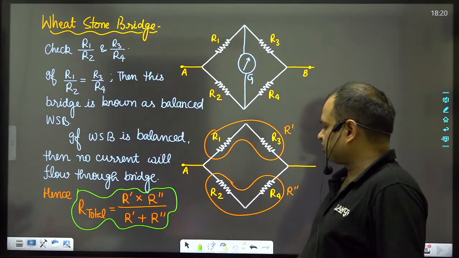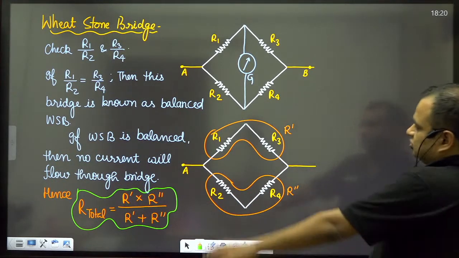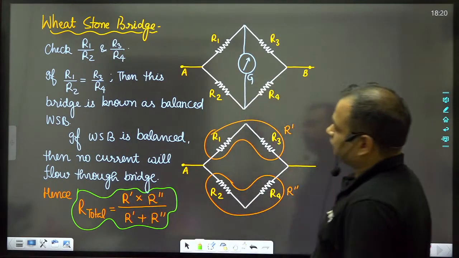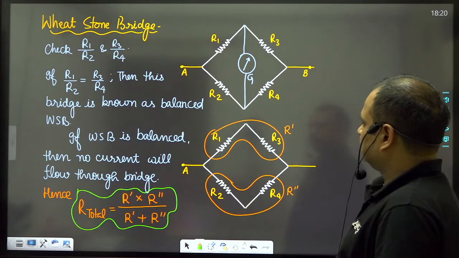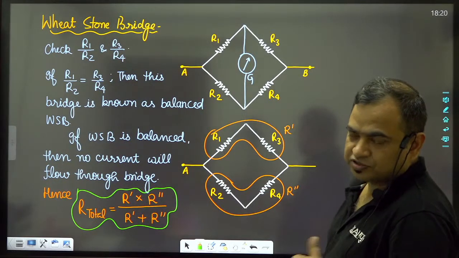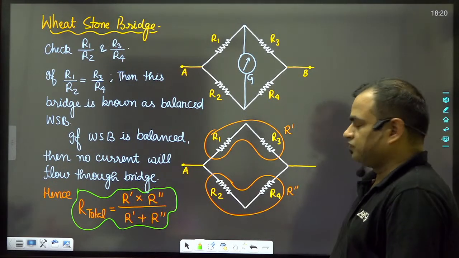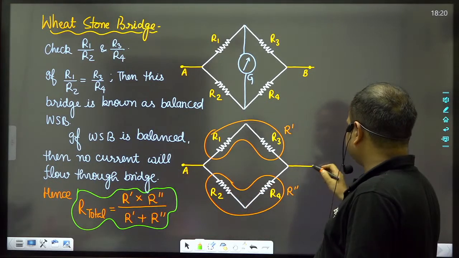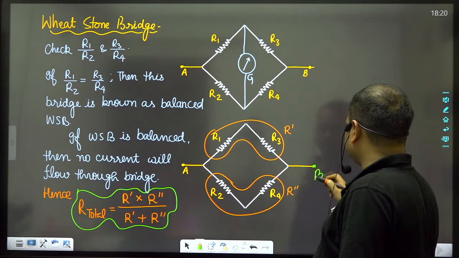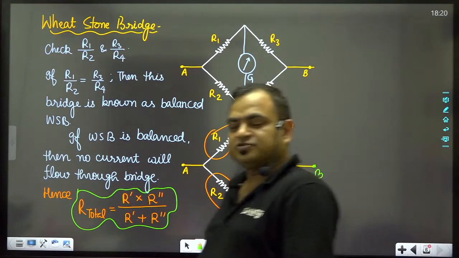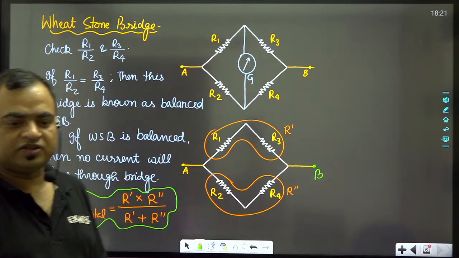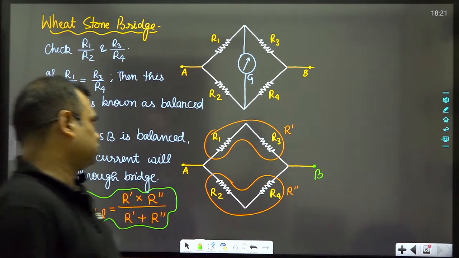Actually, R total will be like this. This is the Wheatstone bridge. We can easily calculate the resistance between A and B, but first of all we will have to check whether it is balanced or not.